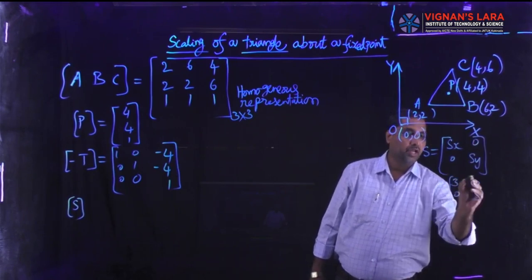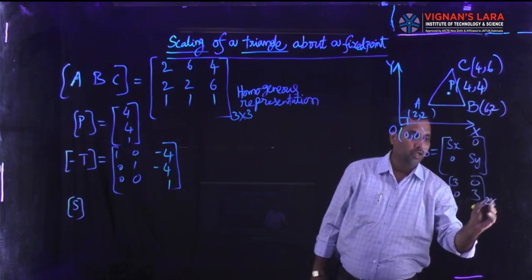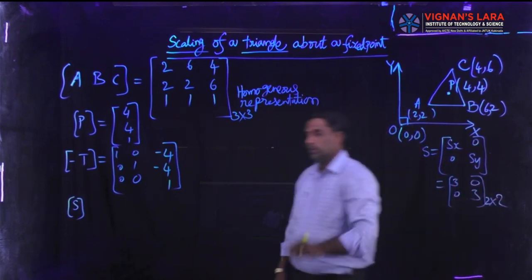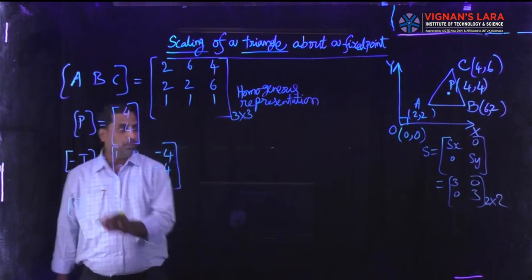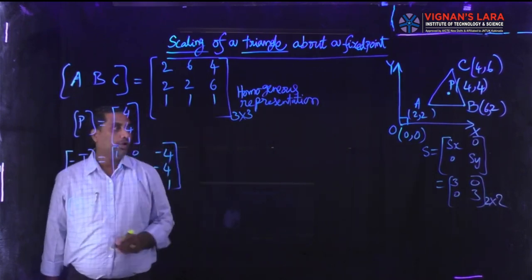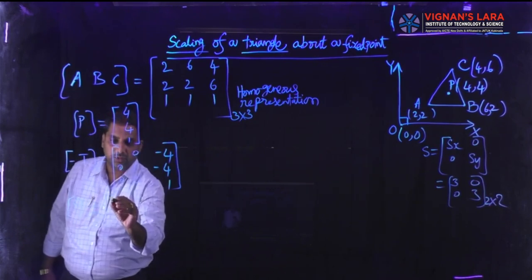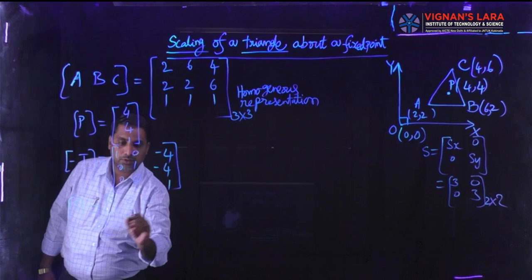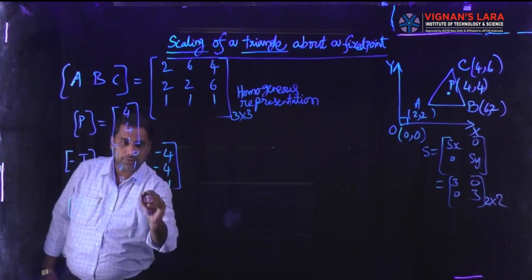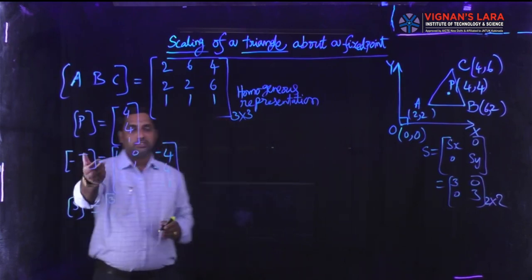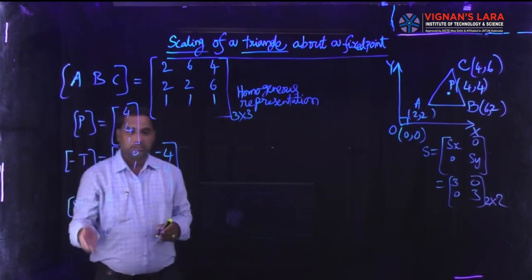Here I have given a 2 by 2 matrix, with x scale factor 3 and y scale factor 3. We have to represent it in 3 by 3 homogeneous form: 3 0 0, 0 3 0, 0 0 1. This is the homogeneous representation of the scaling matrix. So the negative translation matrix is over, and the scaling matrix is over.